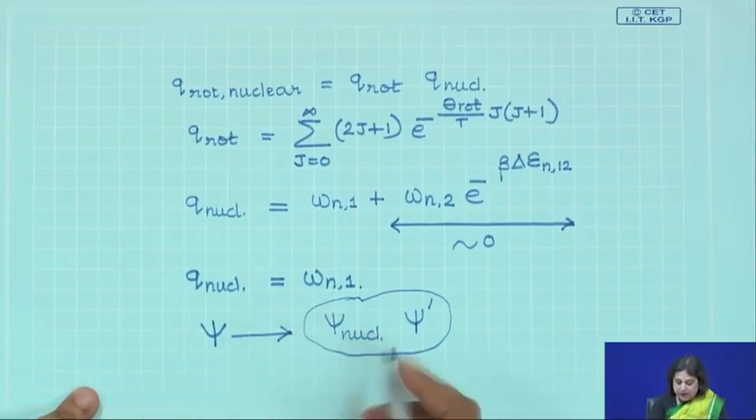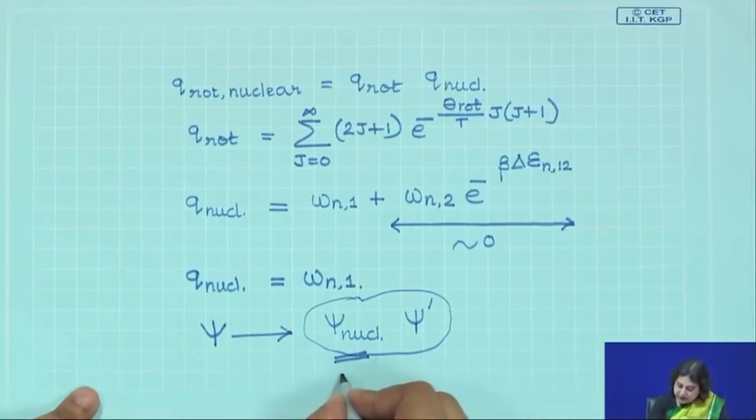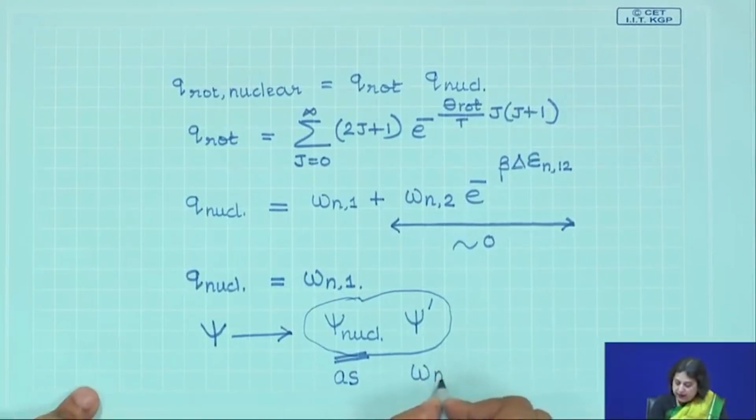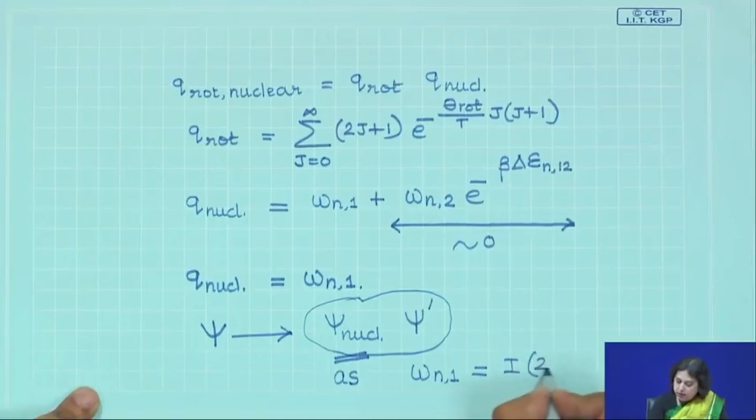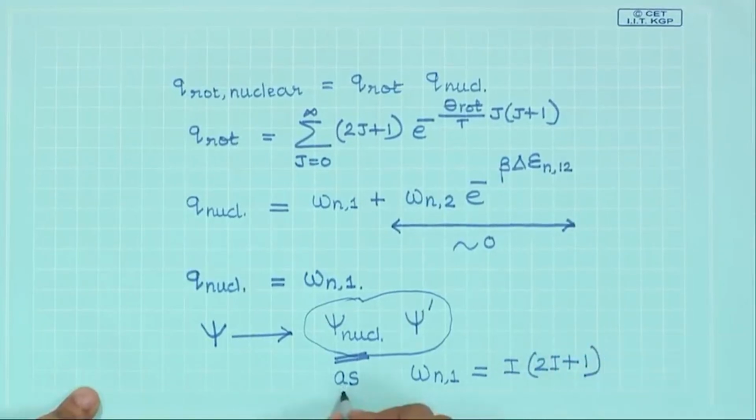So, when psi nuclear is, let us say, antisymmetric in the case of a bosonic system, it will have omega n 1 equal to I into 2I plus 1. And if it is symmetric, in that case this term will be I plus 1 into 2I plus 1.